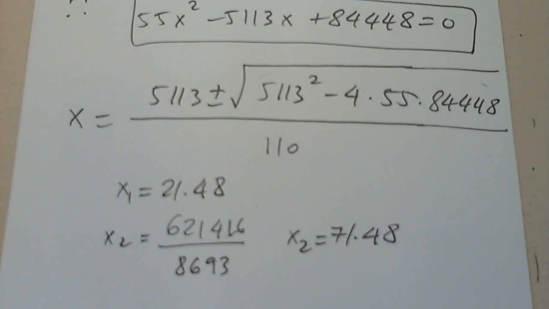So this method works when I'm asked to round up or down, like in this case, it was down. We rounded down from 71.48 to 71. This procedure works. What procedure? The polynomial root finder.